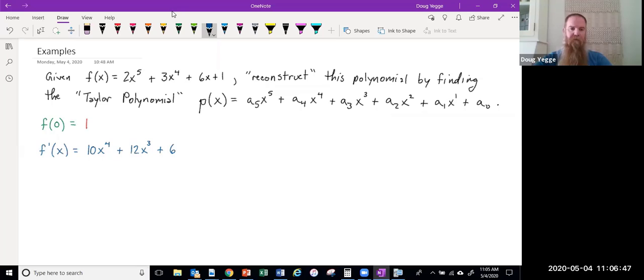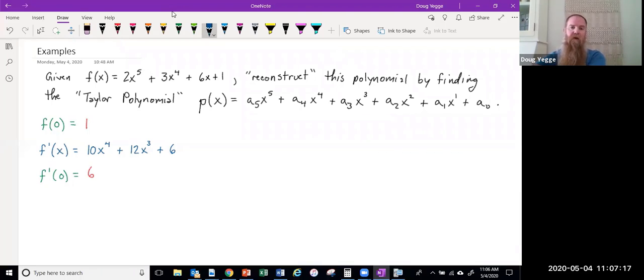Okay, but if I want to then find f prime of 0, then that would mean that if I'm going to build this new function, it would have to have a derivative of 6. So not only would I have to make sure that my function is going through y equals 1, but I should also make sure that as it's going through y equals 1, it has a slope of 6.